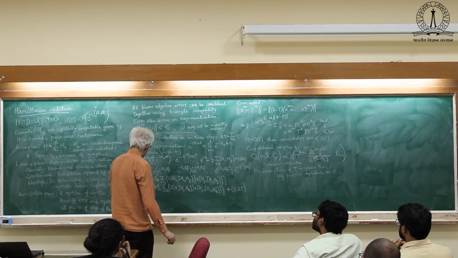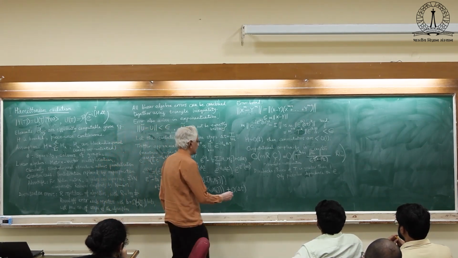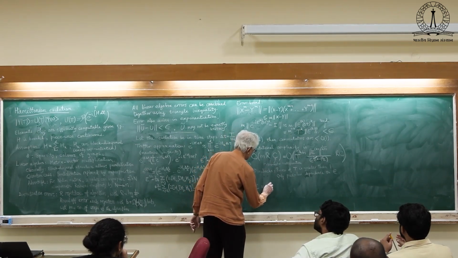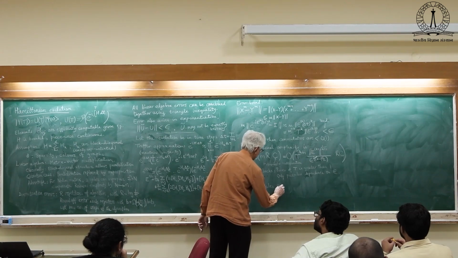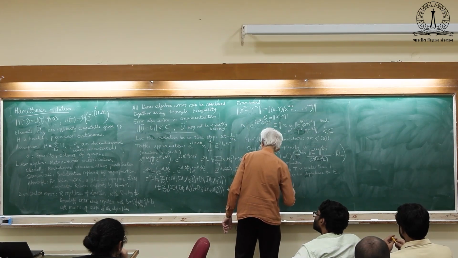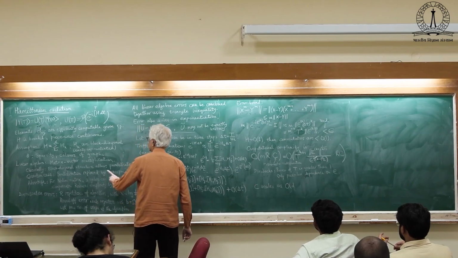So how many bits will be needed for this matrix vector multiplication? This C scales as various things which I had introduced.